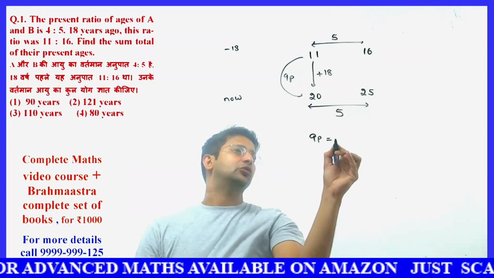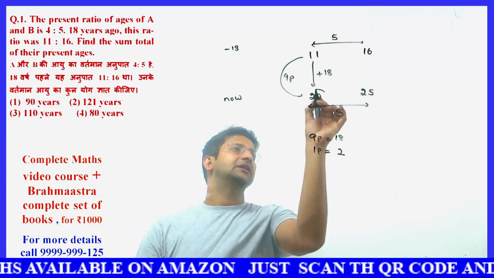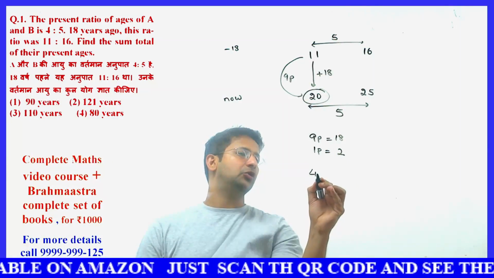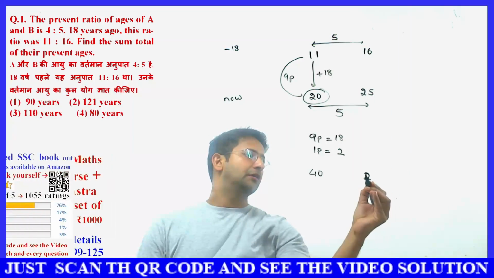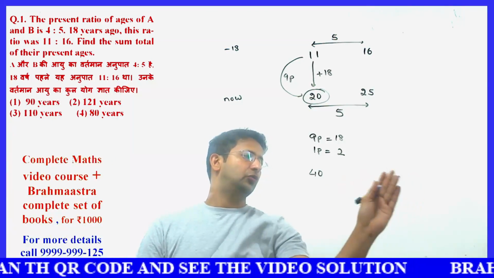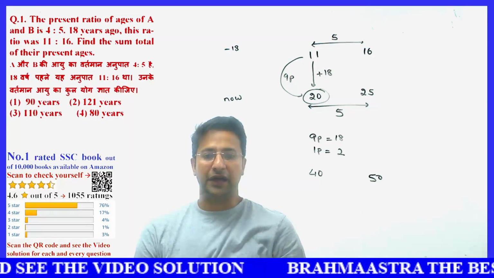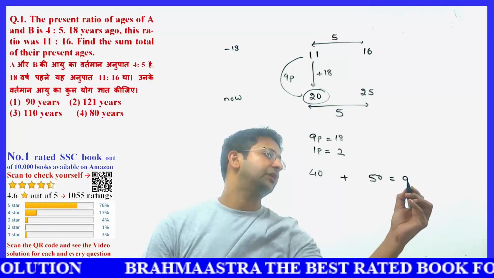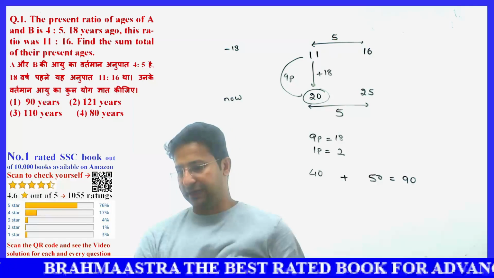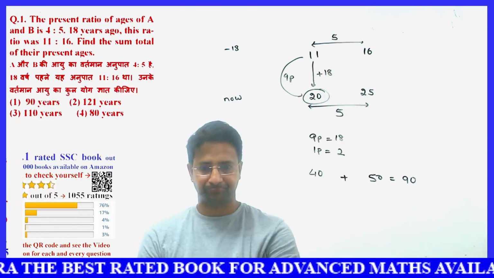If 9 parts correspond to 18, then one part is equal to 2 years. That means this 20 is equal to 40, and this 25 into 2 is 50. So right now their ages are 40 and 50. Find the sum of their present ages. So their sum will be 40 plus 50 is equal to 90, and I'm sure it is clear to everyone. Okay, dear students, clear?